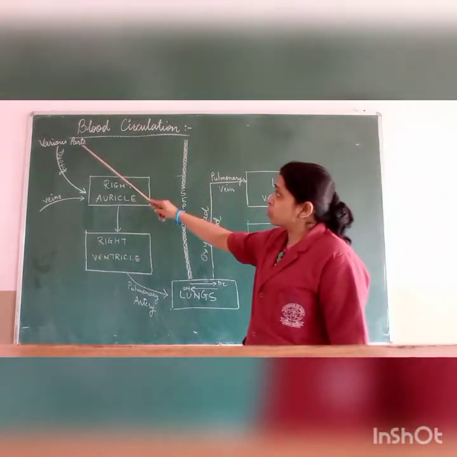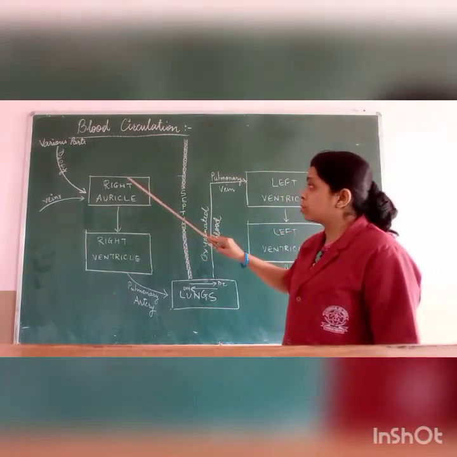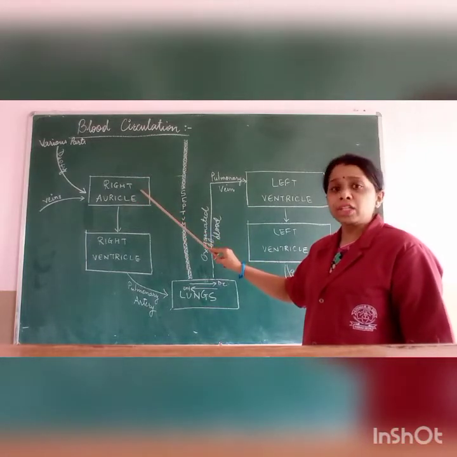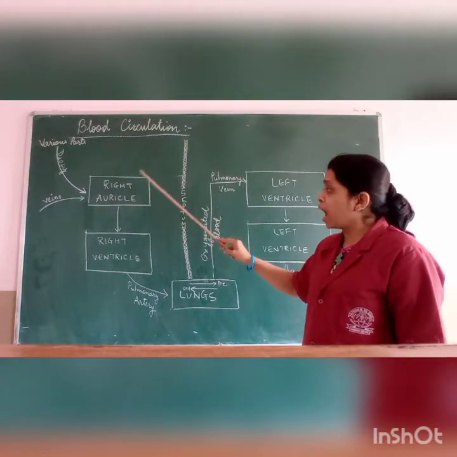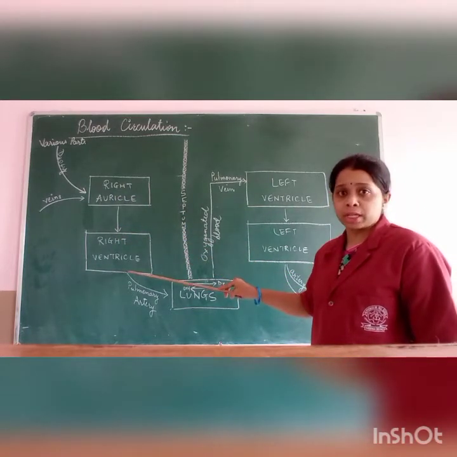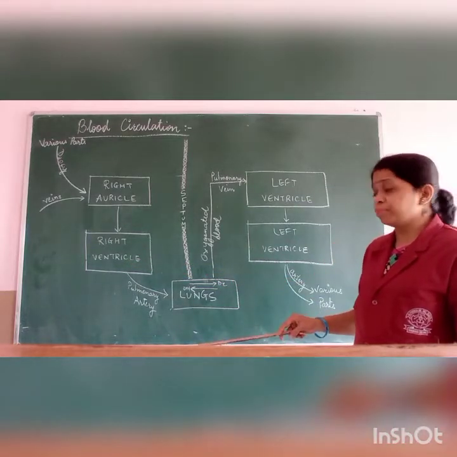So various parts of the body send deoxygenated blood through the veins into the right auricle first, which will be relaxed. Afterwards, the right auricle will contract and send the blood to the relaxed right ventricle. Till this, has everyone understood? Okay, now let's move ahead.